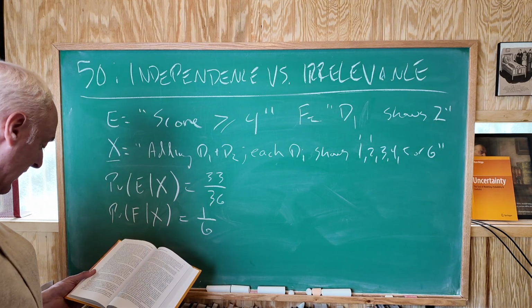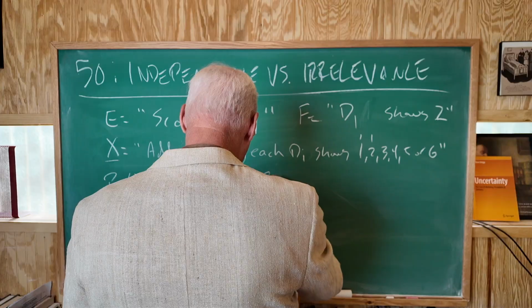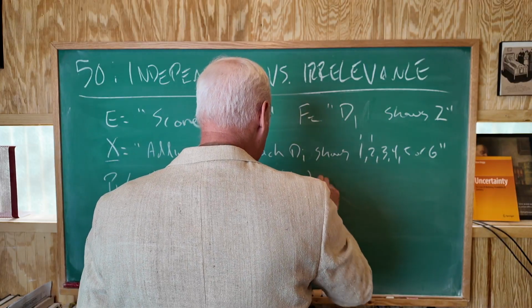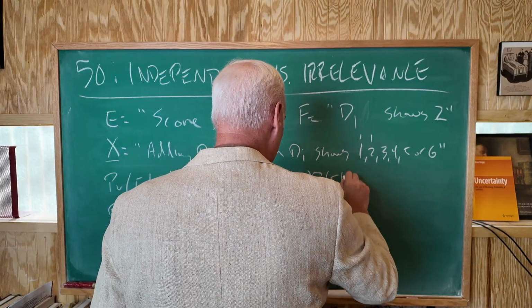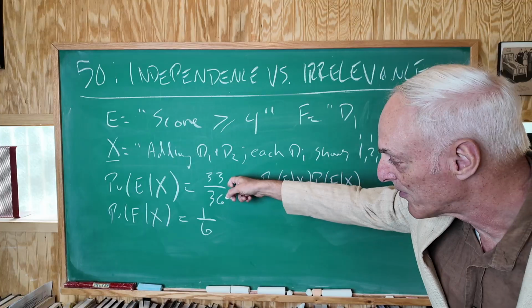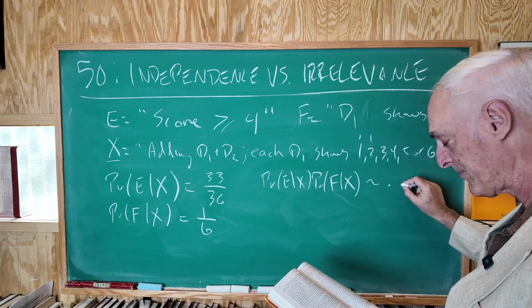All right, now we can calculate 2 other probabilities. We can calculate the probability of E given X times the probability of F given X. Well, that's 1/6 times 33 over 36, and that equals, I did it here, approximately 0.153.